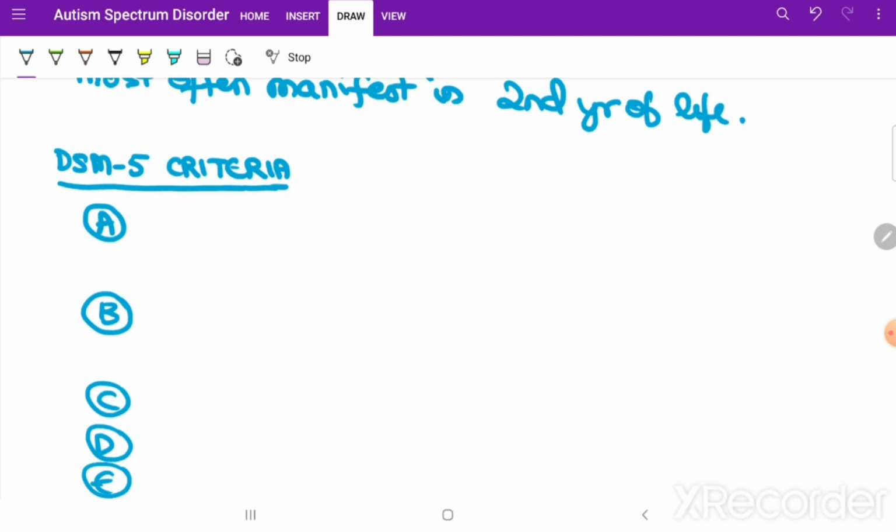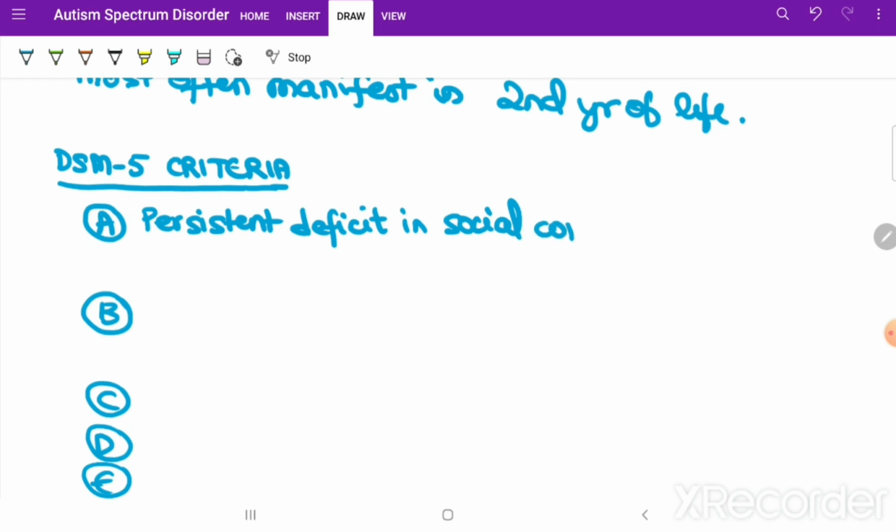Now what is the first criterion? The first criterion says there should be persistent deficit in social communication and social interaction across multiple contexts.